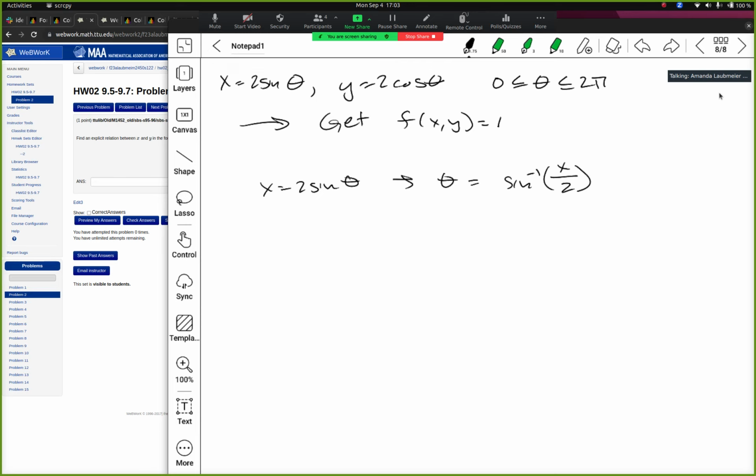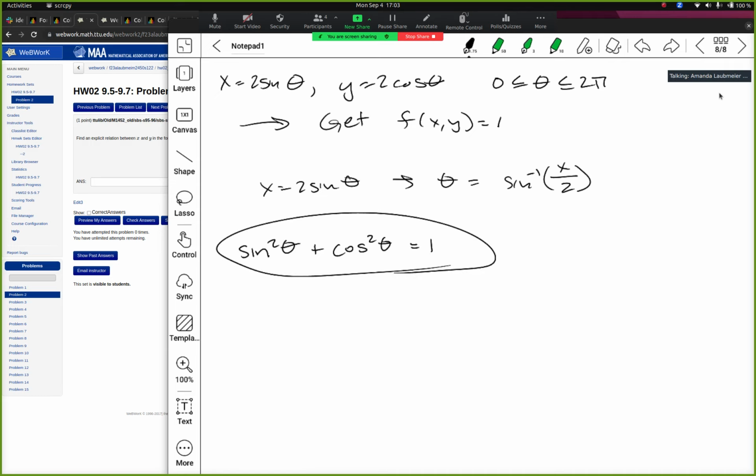And so what's actually going to help us out here is to recognize that we have a function that depends on sine and a function that depends on cosine. And we remember that there are some special trig properties. Sine squared theta plus cosine squared theta is equal to 1. So if I have a sine squared and a cosine squared, my thetas go away and I get something equal to 1.